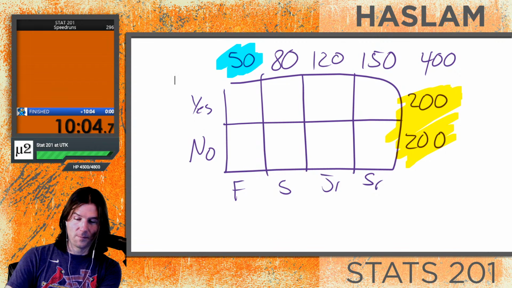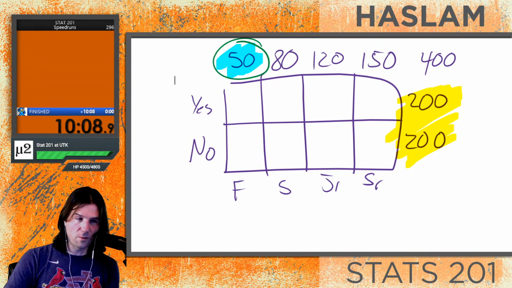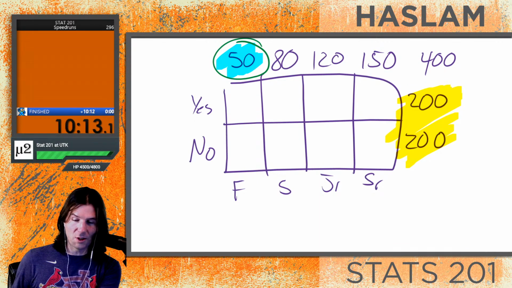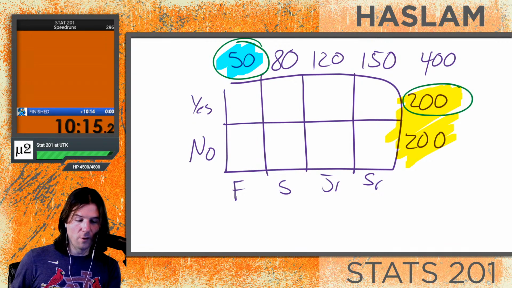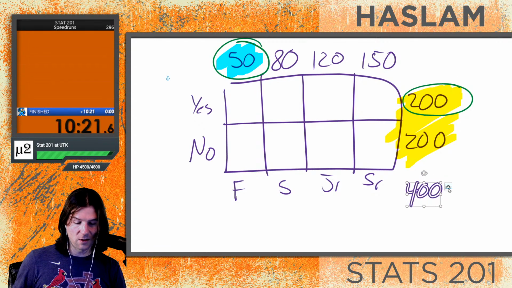So the formula to do this is row total times column total over grand total. I kind of reversed the numbers. Let me put the 400 down below. I'm going to take this 400 right here and bring it down here because it's the total.